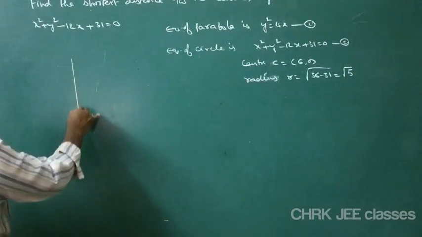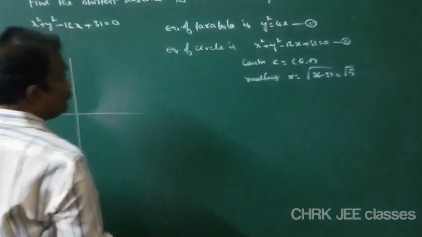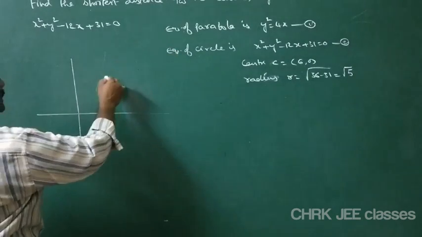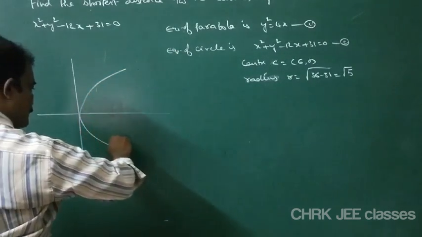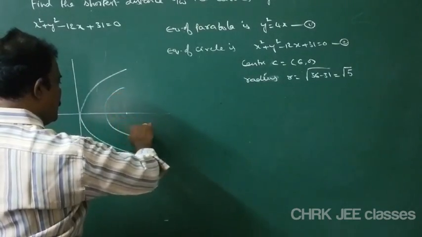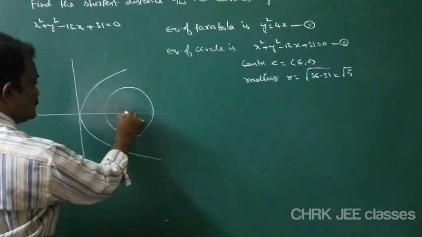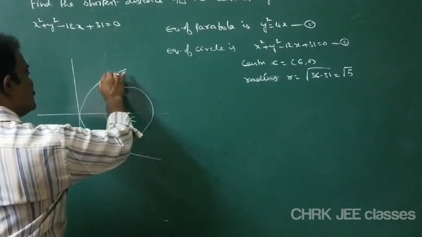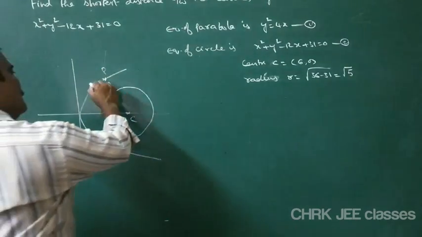Now observe this diagram. The parabola is y square equals 4x. This is the parabola, and this is the circle. This is the center C. This is the point P, the point of contact of the tangent.